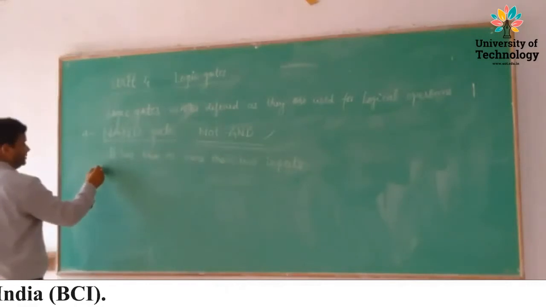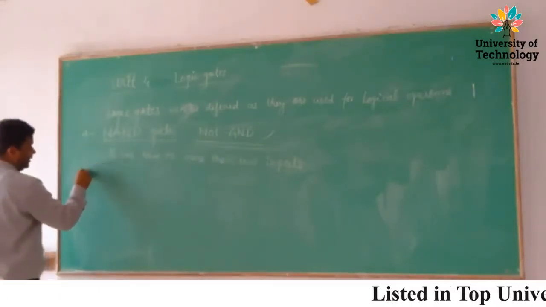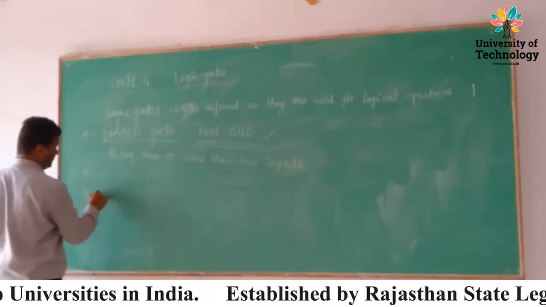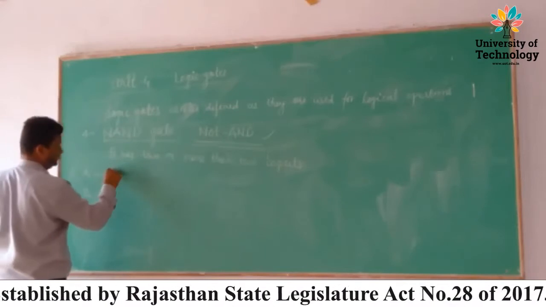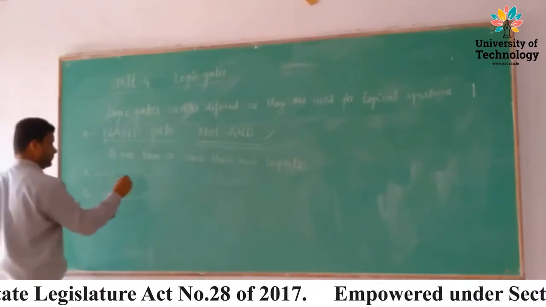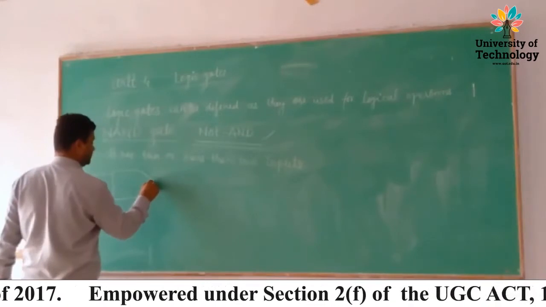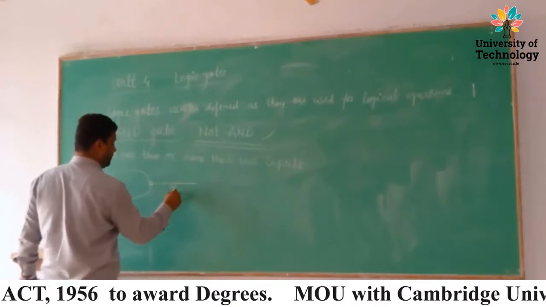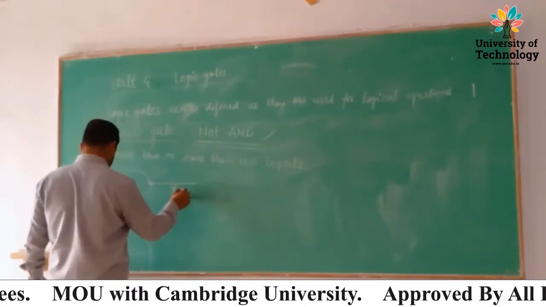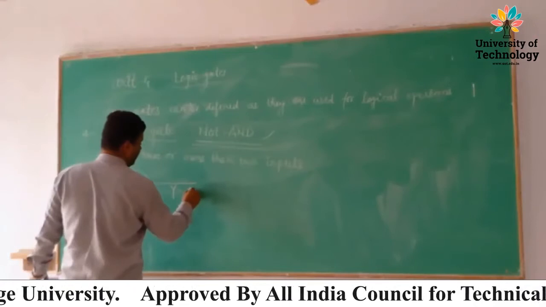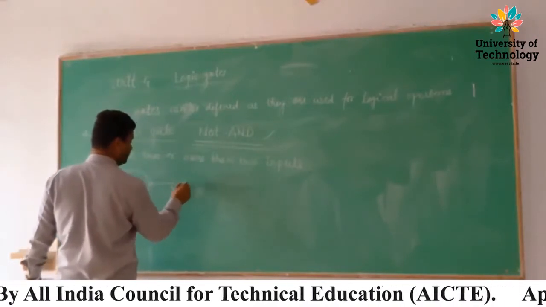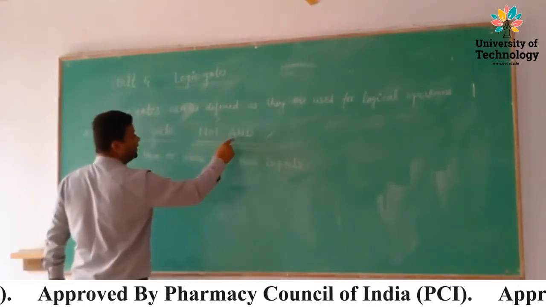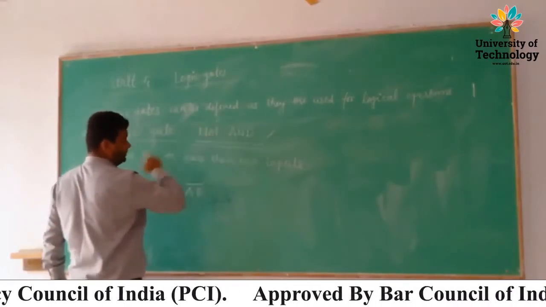Now we will make the symbolic diagram. Suppose there are two inputs A and B. Here y equal to A dot B bar, means here we can see AND with NOT.